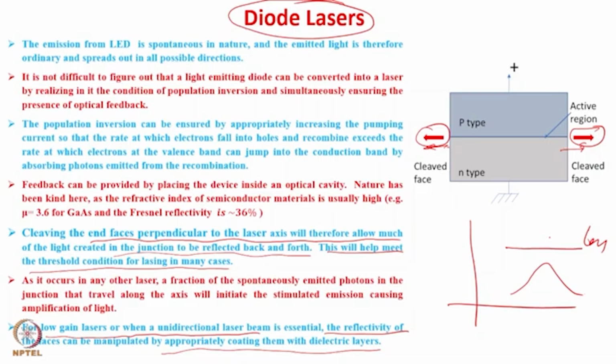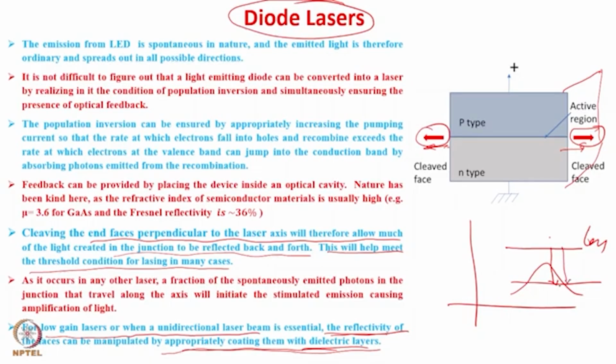So what you have to do is increase the reflectivity and reduce the transmission loss so that the loss line is brought down, somewhere here. Then only lasing will be effective. This can be done by appropriately coating the end faces with a dielectric layer to increase the reflectivity, reduce this transmission loss so that the loss line comes down.